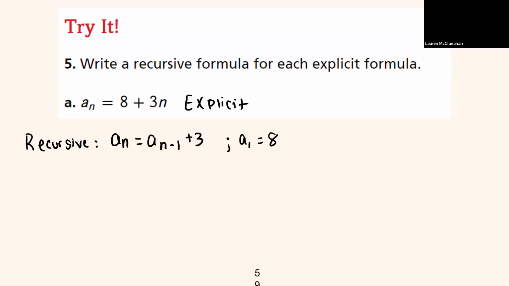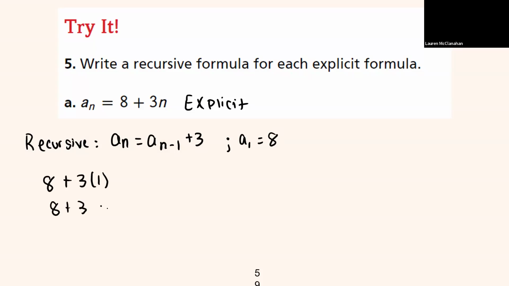That's all you have to do, okay? For recursive, just plop on the end your common difference and then tell me what your first term was. So if I asked you to figure out what the sequence was, you'd have to figure out what was your first term. So 8 plus, remember to figure out a term, you plug in a 1 to figure out your first term.